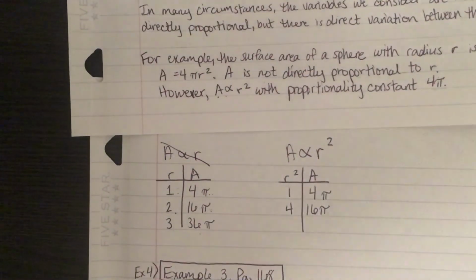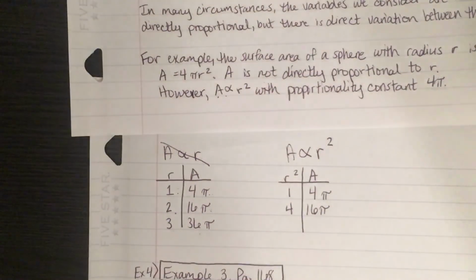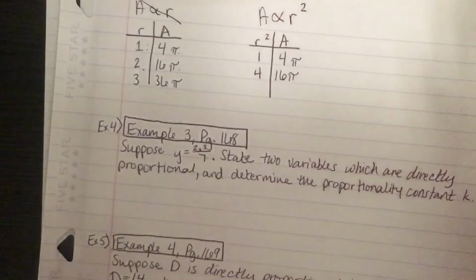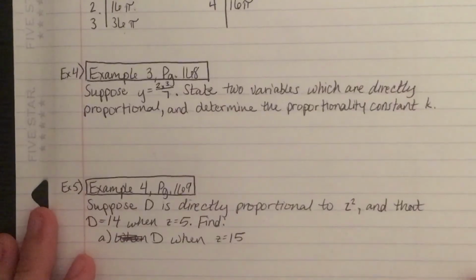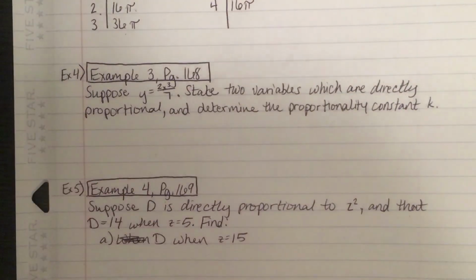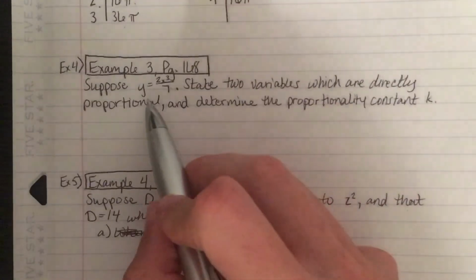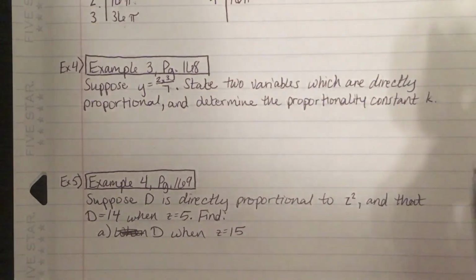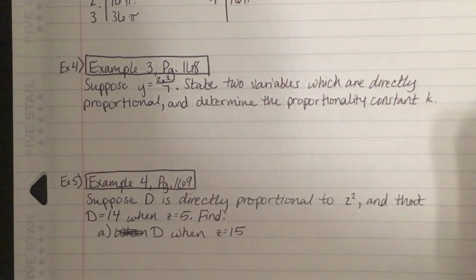And so we're going to look at 2 examples with that, and then we will call it a day for today. So the first one that we're going to look at is example 3, our 4th example today, on page 168. We've got this equation here, y equals 2x cubed divided by 7. And what we want to do is state the 2 variables which are directly proportional, and then determine that constant.